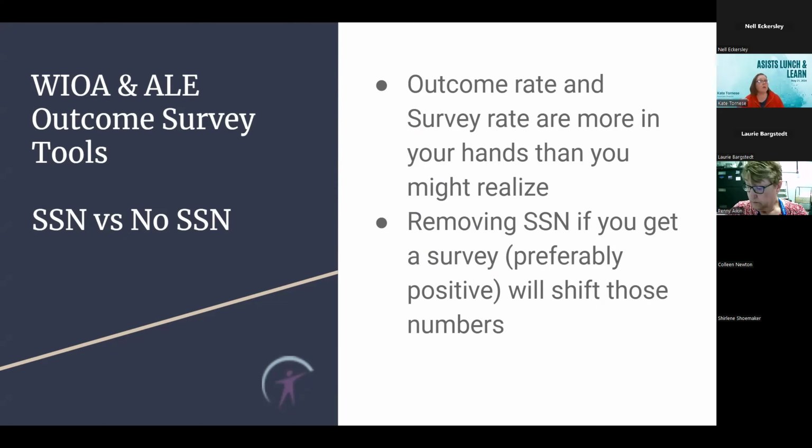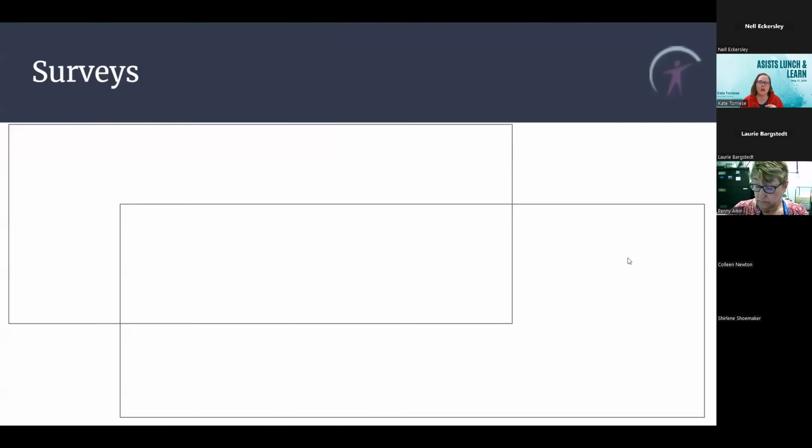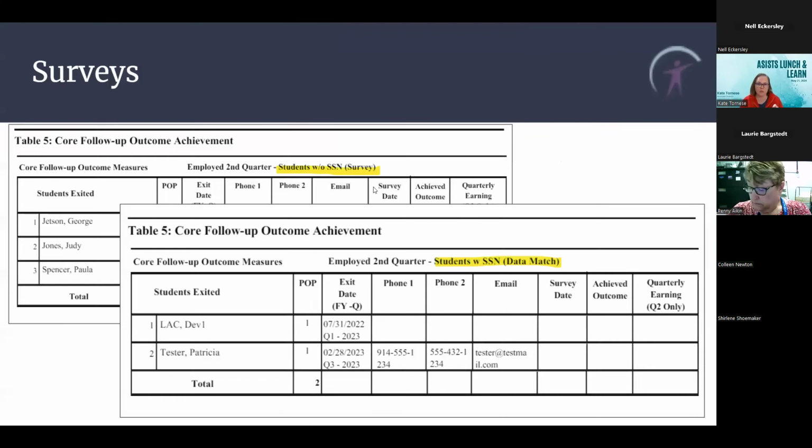But if you are having trouble meeting your positive outcome rate, then you can, in addition to surveying the students in the no social security number section, also technically survey the students who have a social security number.